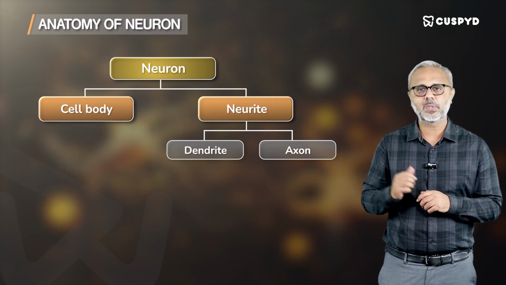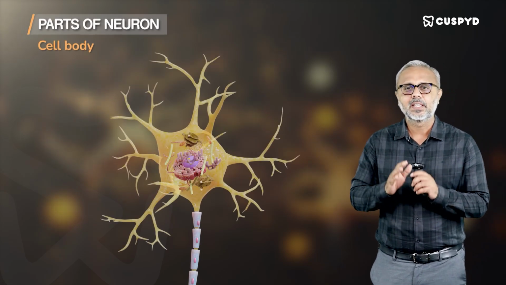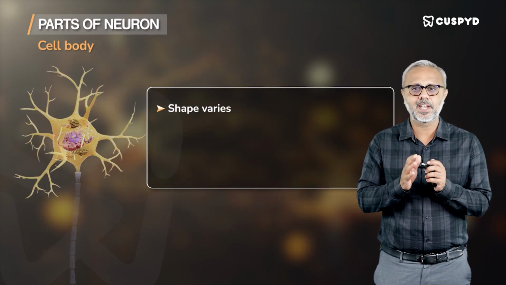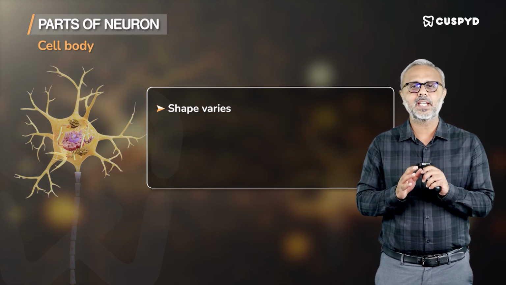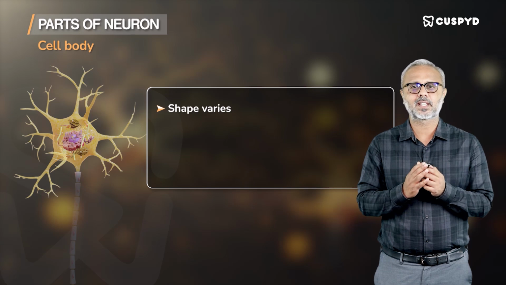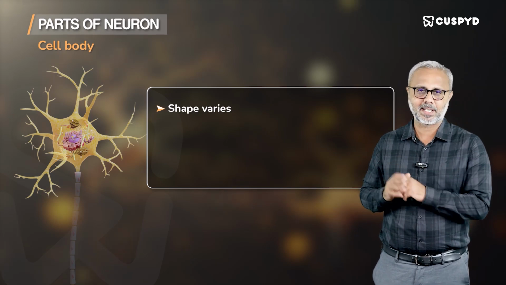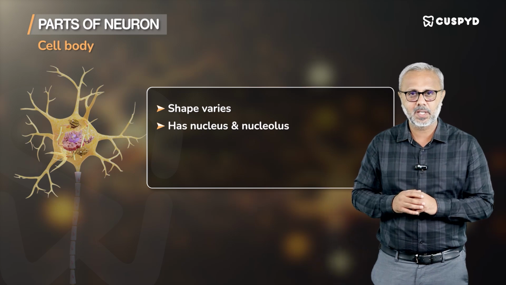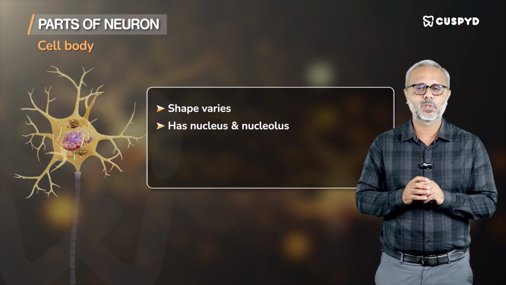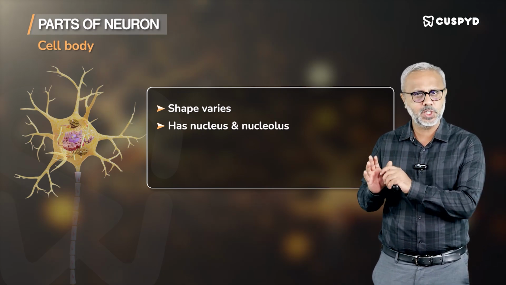First, let's talk about the cell body. The shape of the cell body varies with the type of the neuron. It contains many cell organelles compared to any other somatic cell. So, it contains a prominent nucleus and a nucleolus. The prominence of the nucleolus will depend on the activity of the neuron.